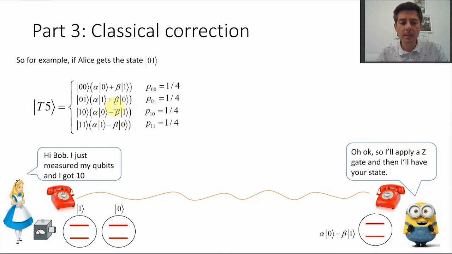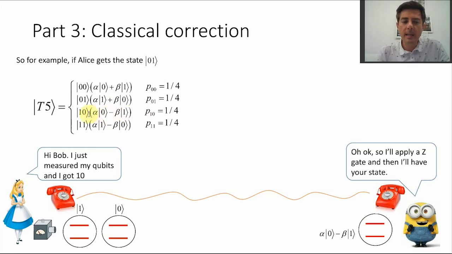So this state is fine up to the fact that it has the wrong sign here. Everything looks good except that this beta has the wrong sign in front of it. So this is what they can do to fix up the actual state that Bob has.